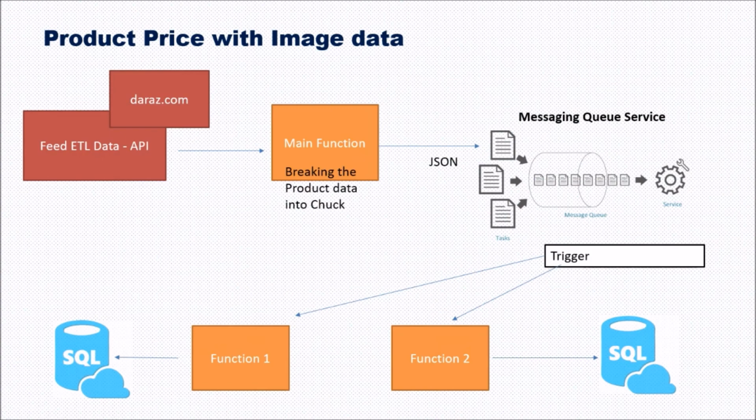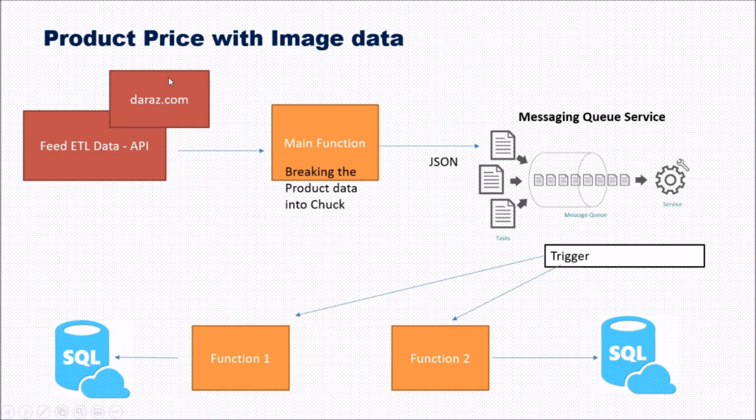After the messaging queue, we can save files on storage, just like in AWS there is an S3 bucket and in Azure there is blob storage. Whenever a new file is stored on blob storage, we can call a new Azure function or a new serverless function. According to your logic and requirements, you can multitask those requirements across different functions, and store your source file as a structured file.